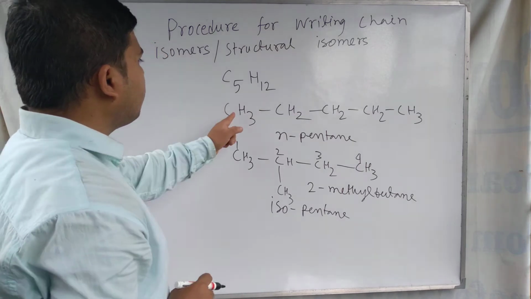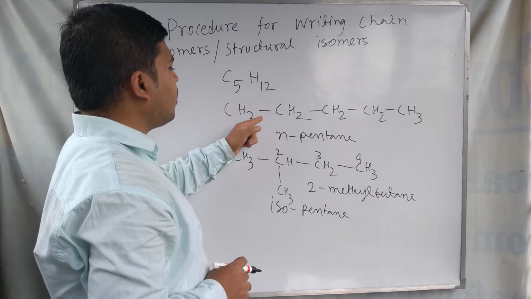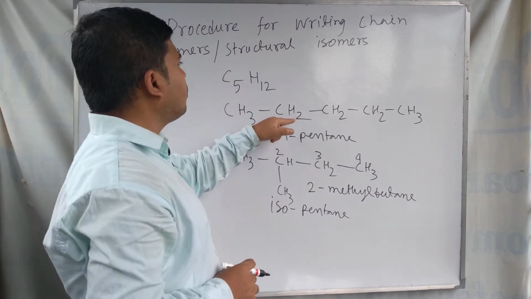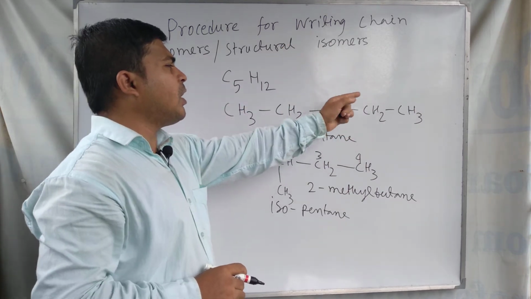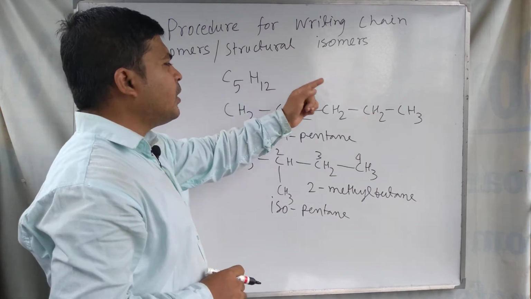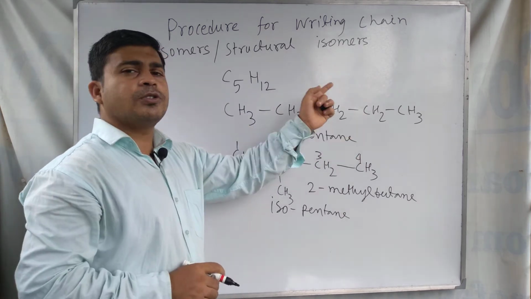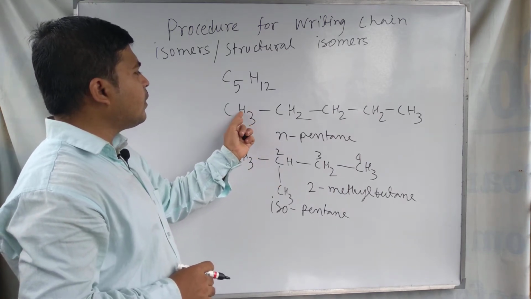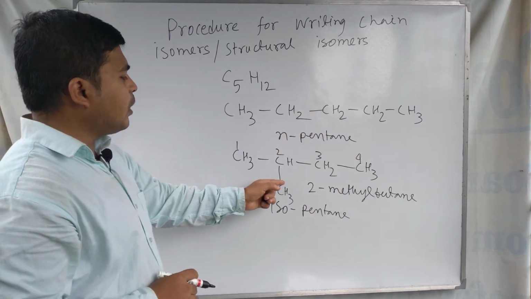Similarly, to write the structural isomers of this compound, at first we produce a long chain of 5 carbons and complete the remaining valencies of each carbon using hydrogen, and the first compound is produced. Then the second compound is produced by taking one carbon from this 5-carbon chain to the branch.